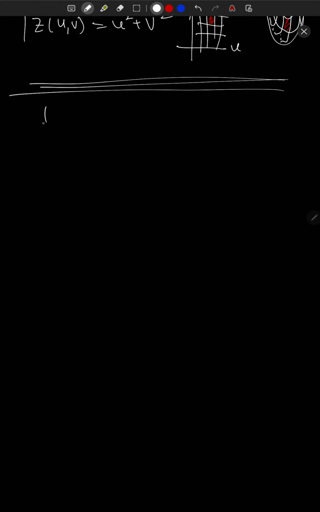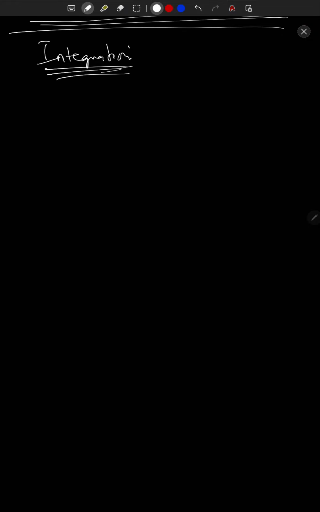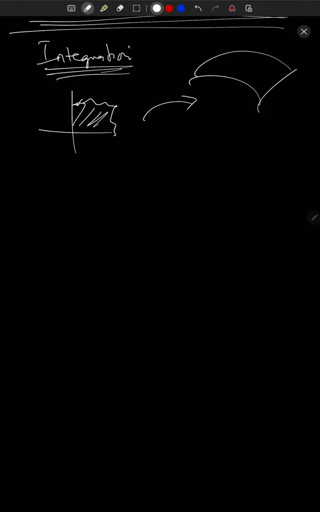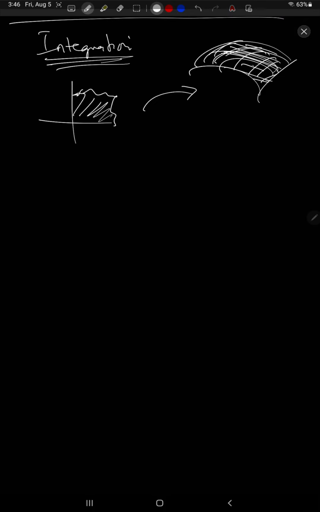So next, we're going to integrate. Now that we can parameterize surfaces, we have a surface here, and we have a parameterization like this. Maybe this region here corresponds to the part of the surface we're interested in. We want to now integrate on this surface. Maybe we want to describe the temperature on this surface, so at every point there's a temperature.